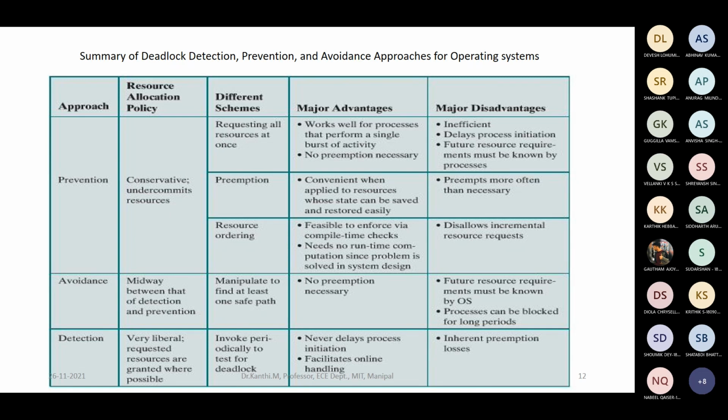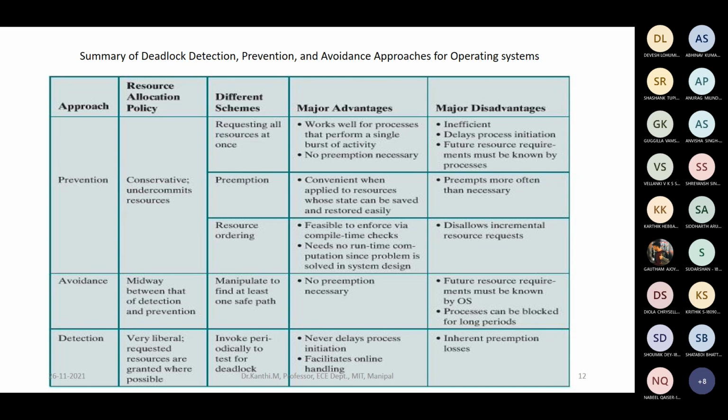The resource allocation policy in prevention is conservative, okay, and avoidance is midway between detection and prevention. In avoidance, you know what the problem is, and finally detection.